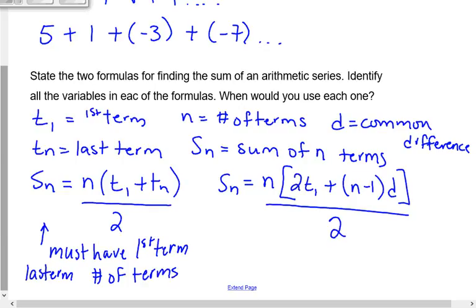Okay, and for this second one, we're going to use this when we don't know the value of the last term, but we know how many terms we have. So we don't know what Tn is, but we know what n is. Okay, so these are the two different formulas that we're going to be using throughout this chapter.